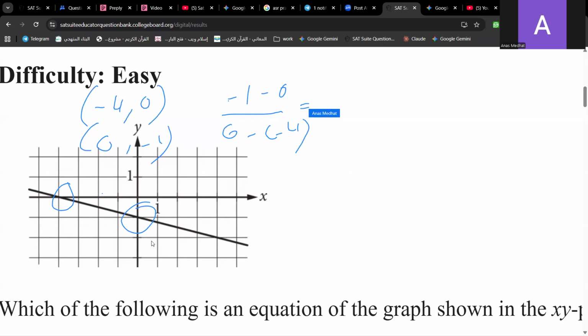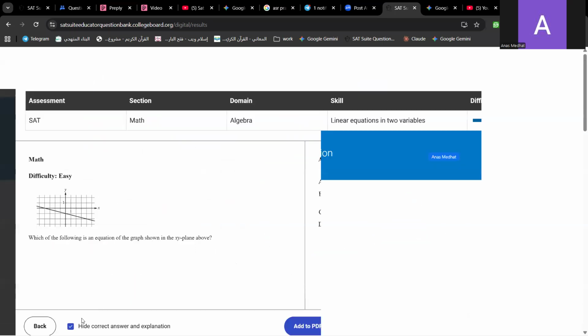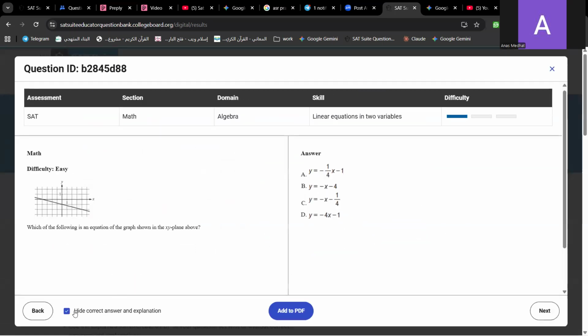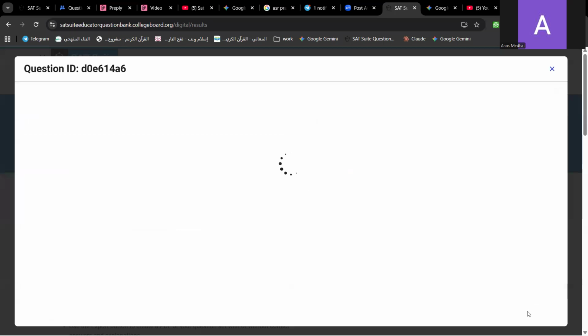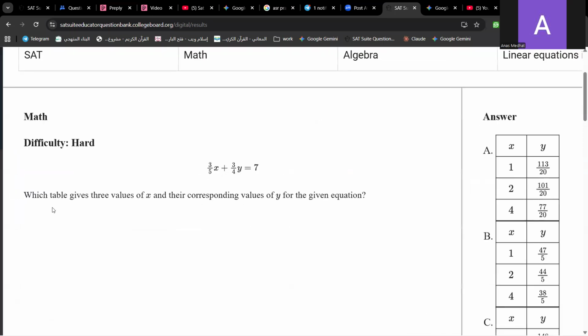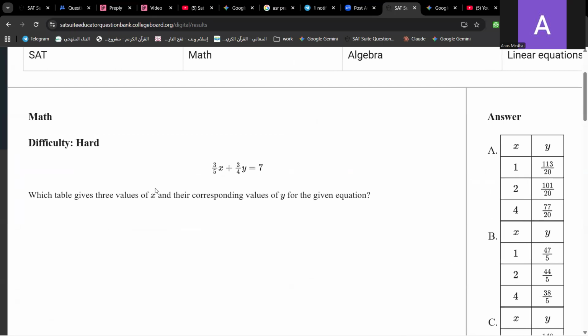So it will be equal to minus 1 over 4. So the slope is minus 1 over 4. And we have the y-intercept, which is minus 1. So this should be the equation: minus 1 over 4x minus 1. Let's solve the last question, inshallah.